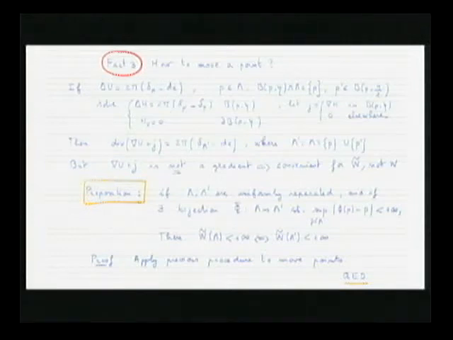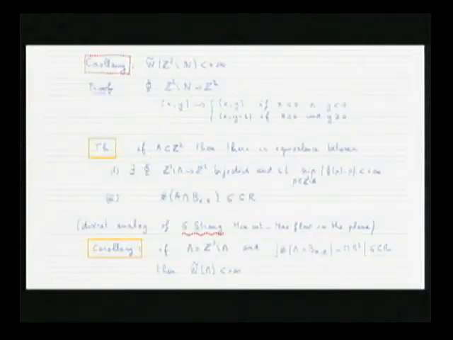And the proof is that you apply this procedure to move the points, and it works. Okay, so a corollary of this is what I already claimed some time ago, is that W tilde of Z squared set minus N is finite. Why? Well, because you have a bijection between Z squared set minus N and Z squared obtained by, I will do a little drawing.